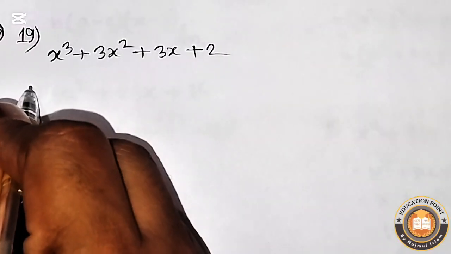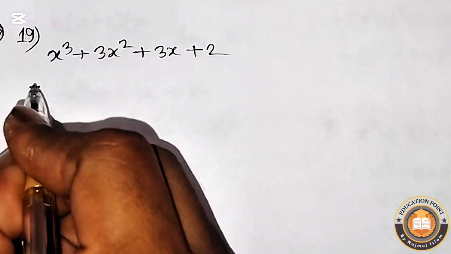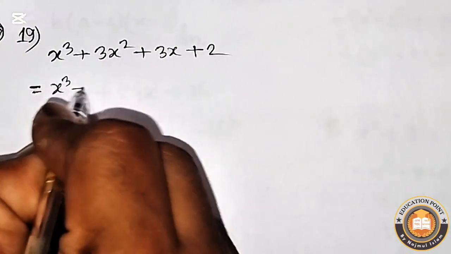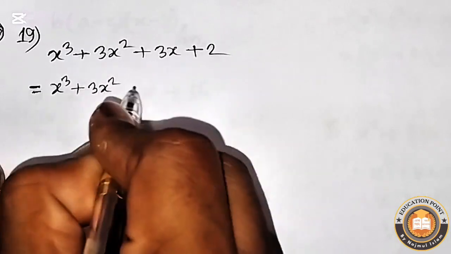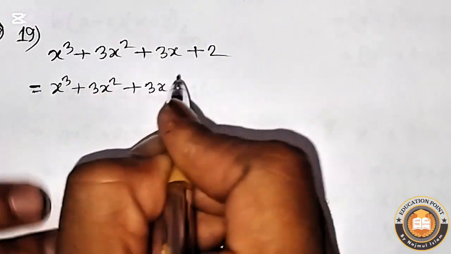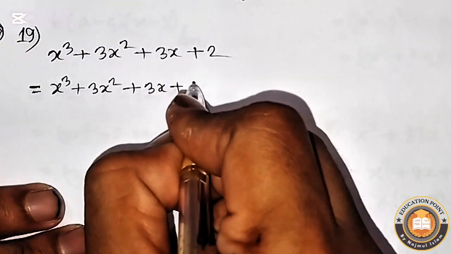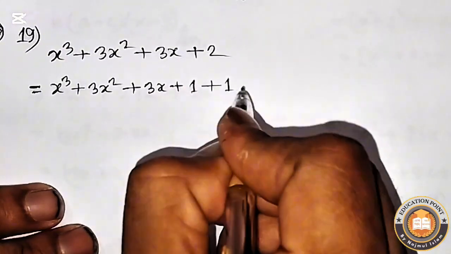Number 19: x cube plus 3x square plus 3x plus 2. x cube plus 3x square plus 3x plus 2 modified as plus 1 plus 1.